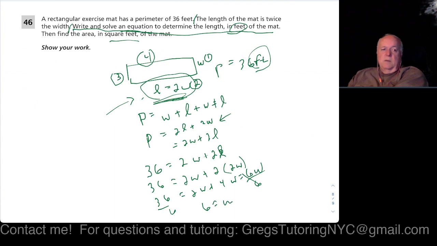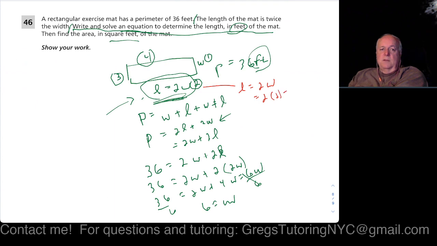What we can do then is go back and see if we can figure out what L is. Well, we have 2 ways to figure out what L is. First, it tells us that L is equal to 2W. So that means it's 2 times 6, and it's equal to 12.